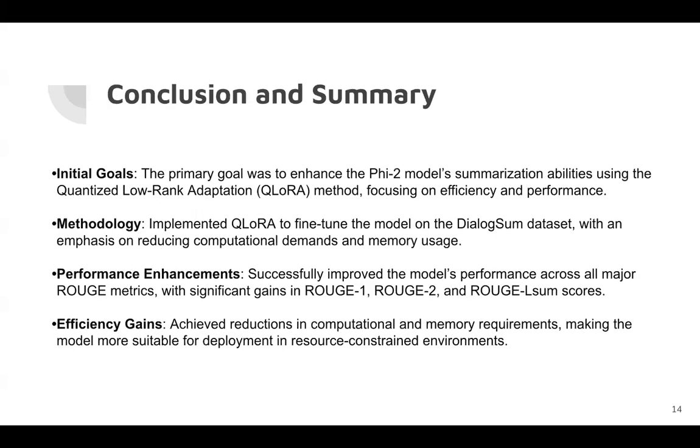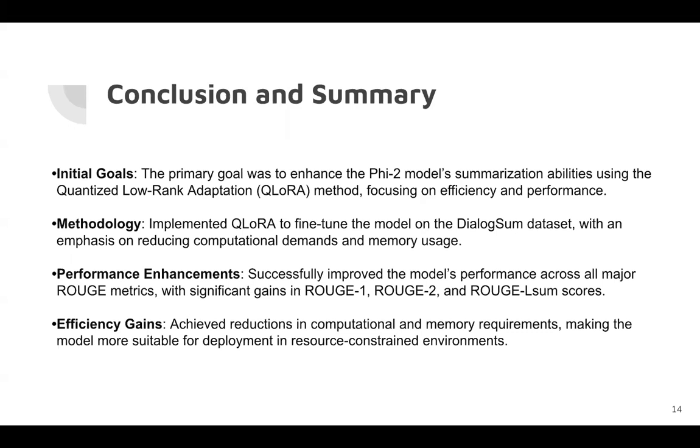So to conclude, let's summarize our project and its broader impacts. The initial goal of this project was to enhance the Phi-2 model's summarization abilities using the QLoRA method, focusing on efficiency and performance. The method we used was to implement QLoRA to fine-tune the model on the DialogSum dataset, with an emphasis on reducing computational demands and memory usage.